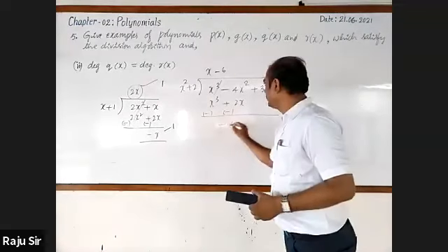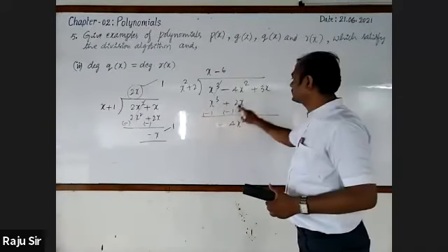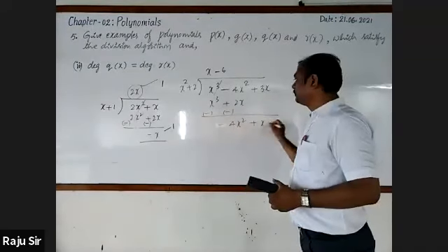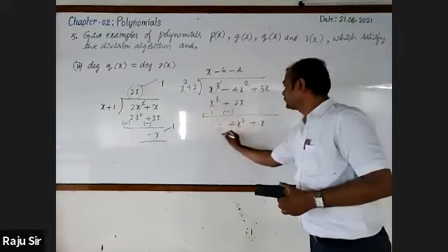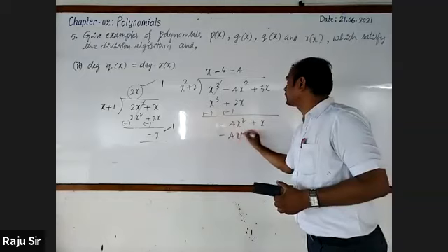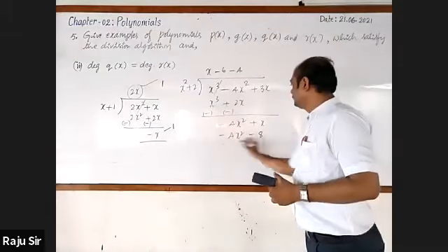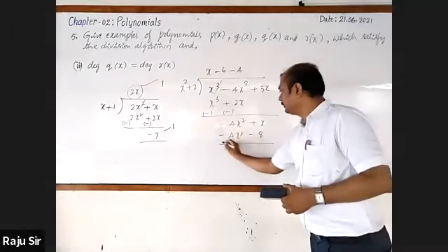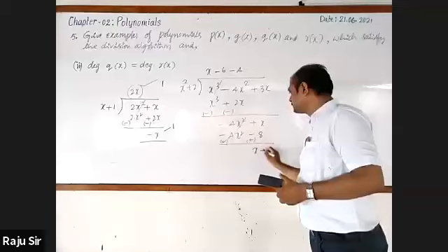It will be minus 4x square. Then minus 3x minus 2x is 1x. Then you will multiply minus 4 into x square, minus 4x square. Then minus 4 into 2, minus 8. It will be plus, get cancelled. This will be x plus 8.